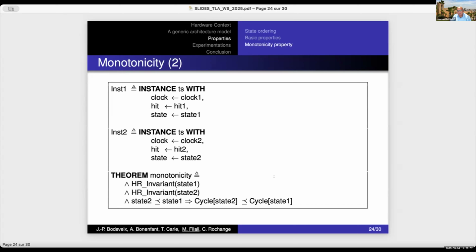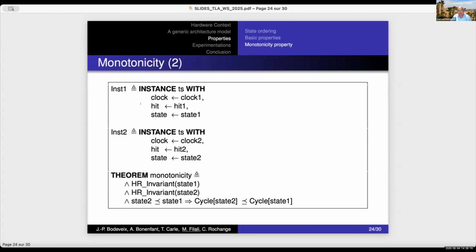So in TLA we state this property as follows, and Lamport has already discussed the expression of this kind of properties in TLA.